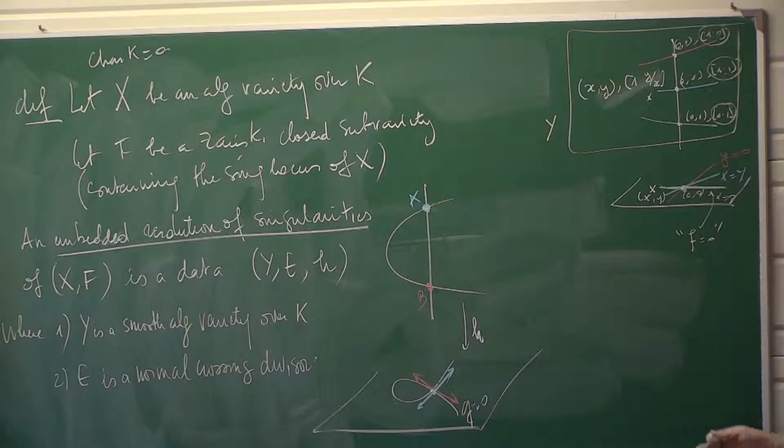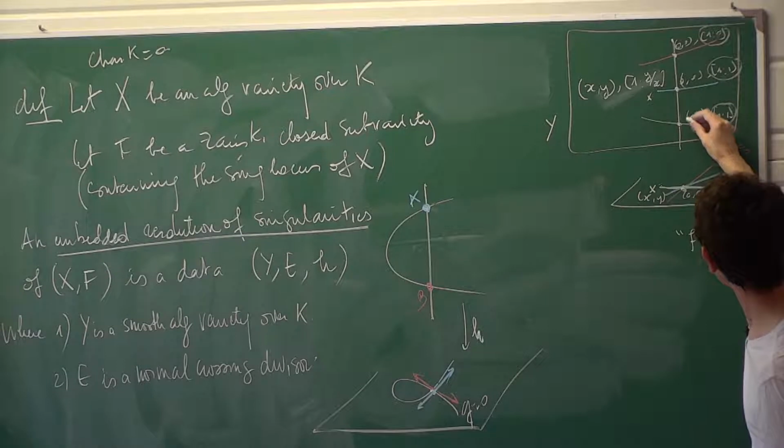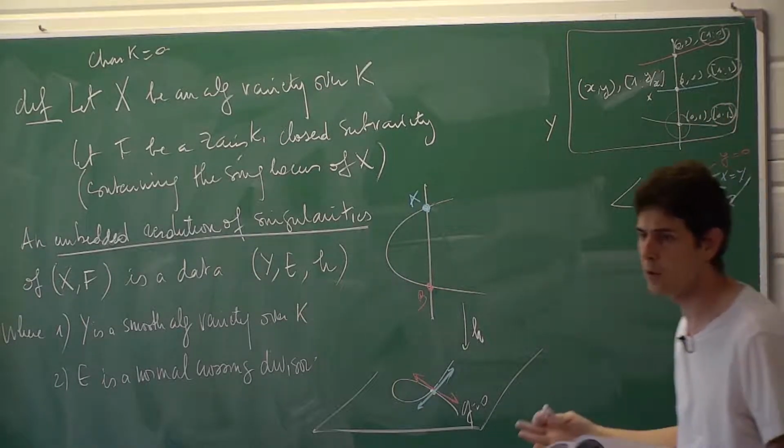So E is a normal crossing divisor, meaning that locally you look like an intersection of coordinate hyperplanes.